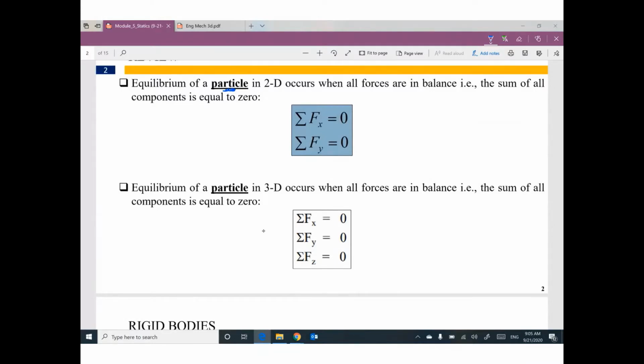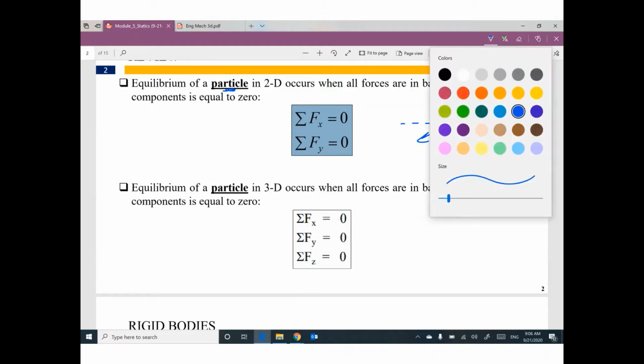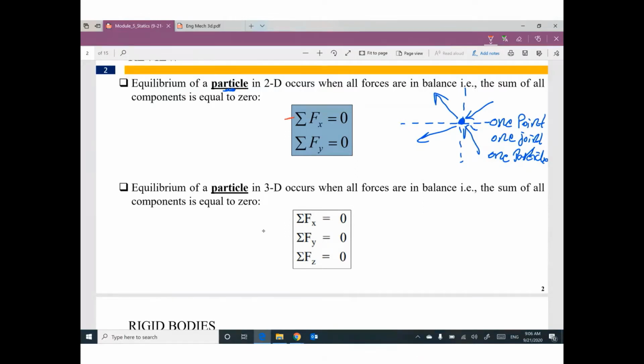A particle means only one point, or one joint, just a point, and we have many forces at this point in 2D. If this particle is in equilibrium, that means if you break these forces in the x direction and y direction, the summation of all forces in the x direction, or horizontal components, equals 0, and the summation of all vertical components equals 0.